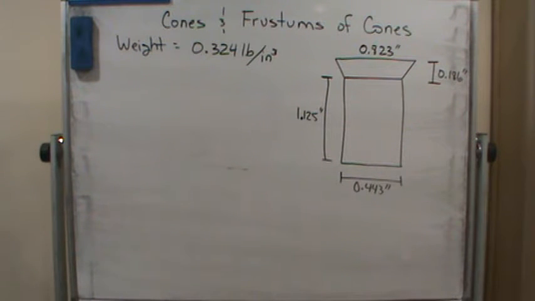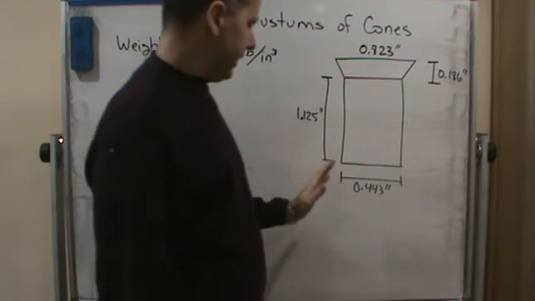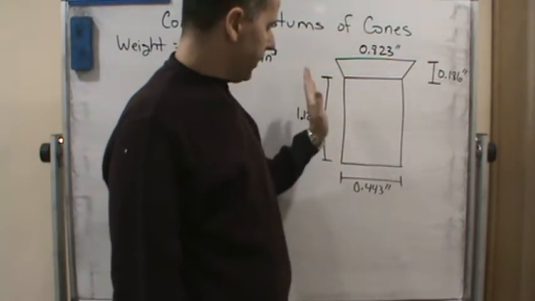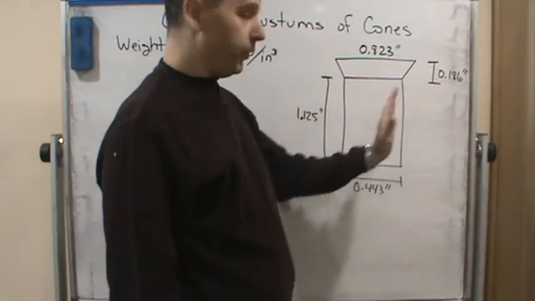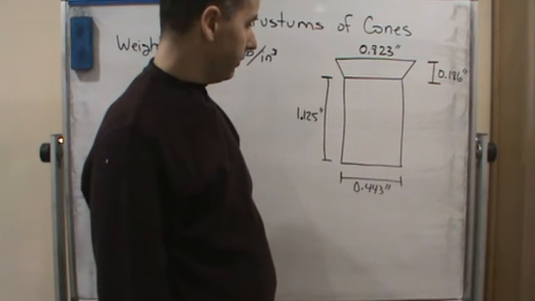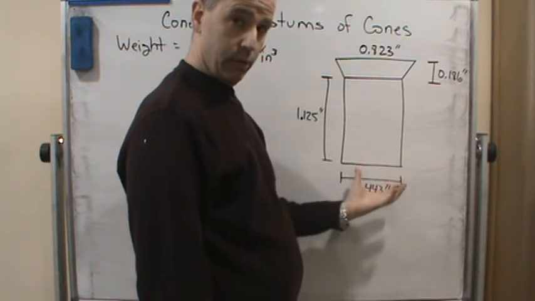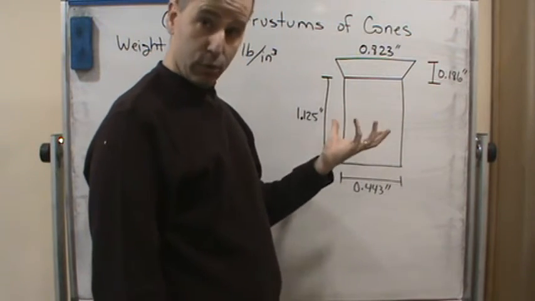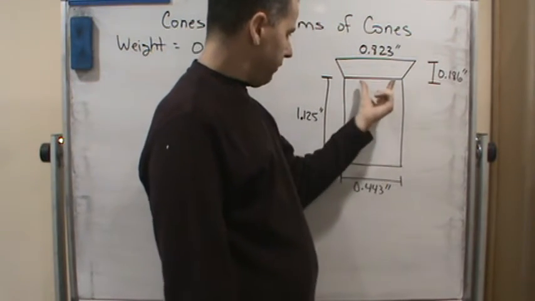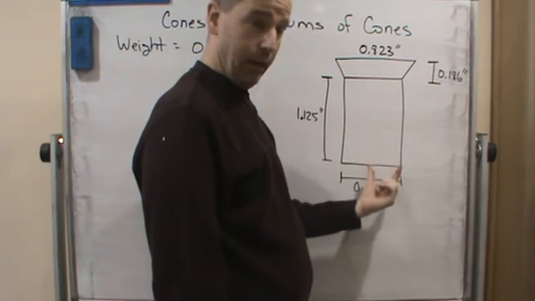Now, this is the cross-section view of the rivet. So it's circular, rivets are round. This part of the rivet is a cylinder, right?